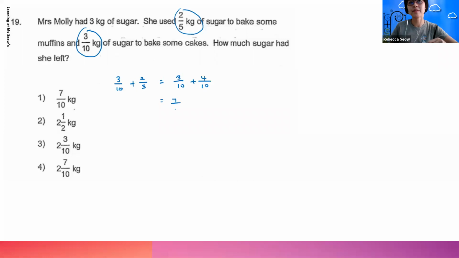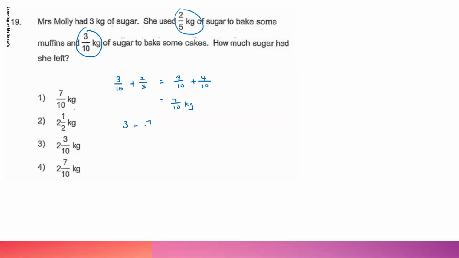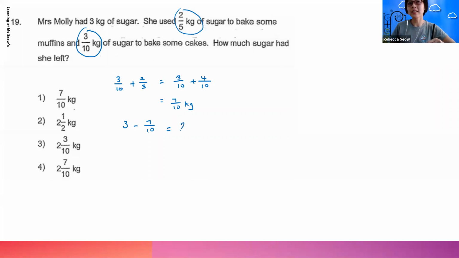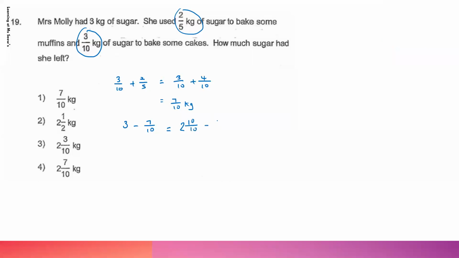After that, I did 3 kg minus 7/10 kg and I got 2 3/10 kg. Okay. So over here, when you have 3 as the whole number, you have to do a regrouping, right? So 3 you could regroup as 2 wholes and 10 out of 10. Do you do that? Yes, and then I got 1. So I got 3/10 and then I put the 2 wholes.